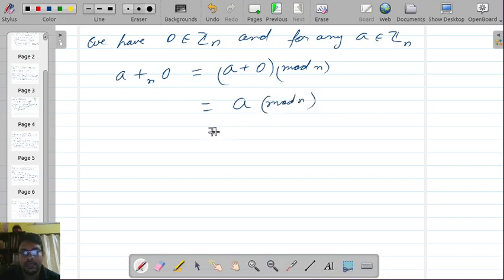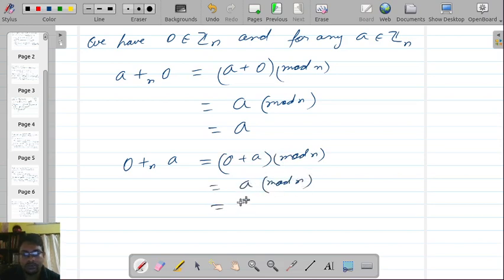But a is an element inside Zn, so a mod n is the same as a. Similarly, 0 plus a mod n is the remainder when 0 plus a is divided by n. This is equal to a mod n.